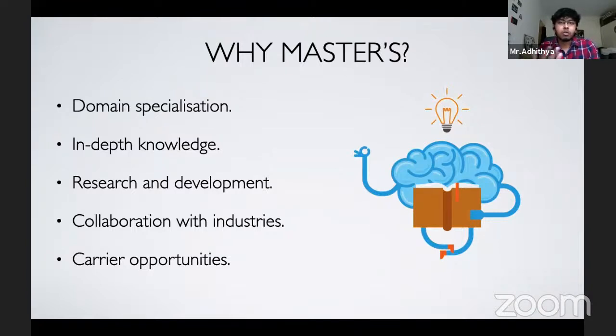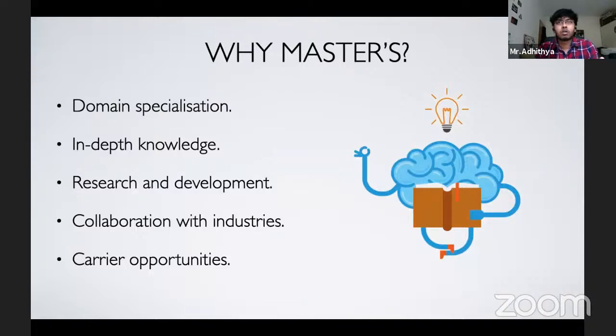So you either acquire domain specialization, which is very in-depth knowledge about what you want to study. So for example, if I am studying medical imaging related techniques and technologies here in my master's, I acquire that domain specific knowledge apart from the fundamental knowledge. So that is one very important reason to pursue a master's.